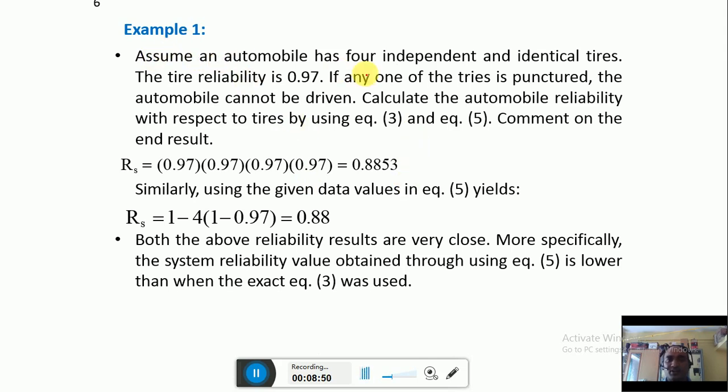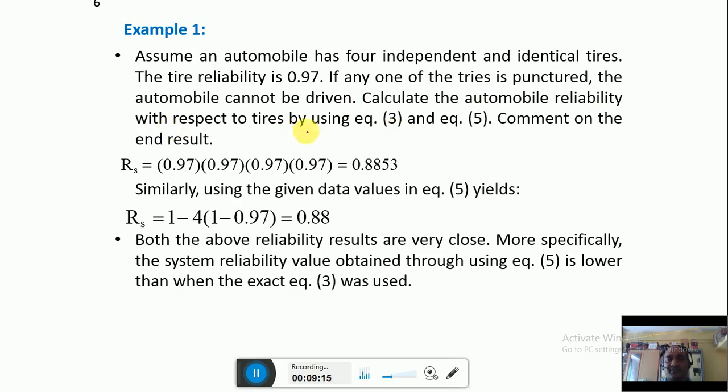So assume an automobile has four independent and identical tires. The tire reliability is 0.97, that is 97%. If any one of the tires is punctured, the automobile cannot be driven. We already discussed that if even one component fails, the system fails, which means those are in series. So calculate the automobile reliability with respect to tires.